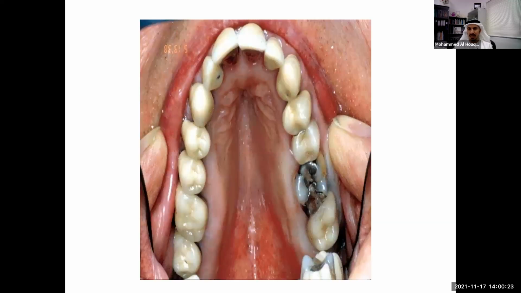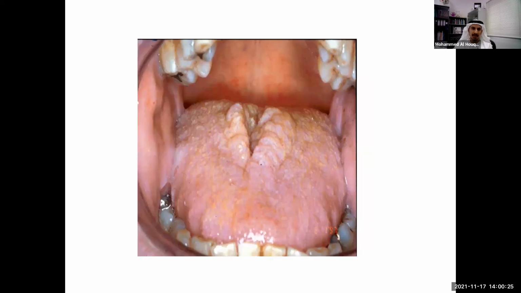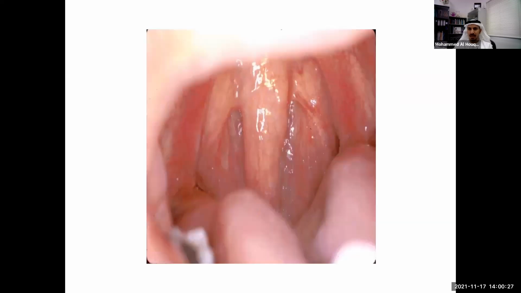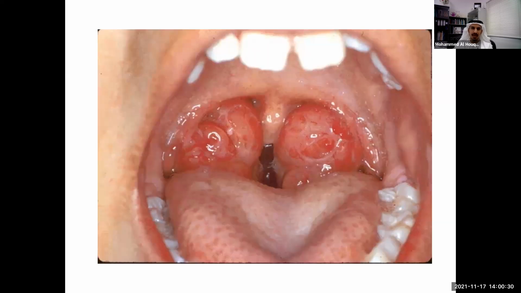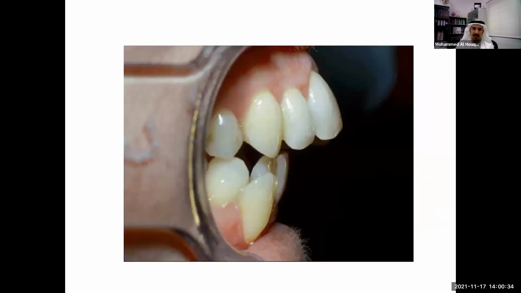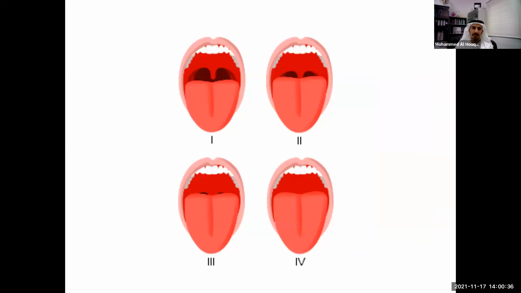We look at the oral cavity for a high arch palate, macroglossia, hypertrophy of the uvula, or tonsillar hypertrophy, and retrognathia. We also look at the Mallampati score, and a Mallampati score of class 3 and 4 carries a higher risk for obstructive sleep apnea.